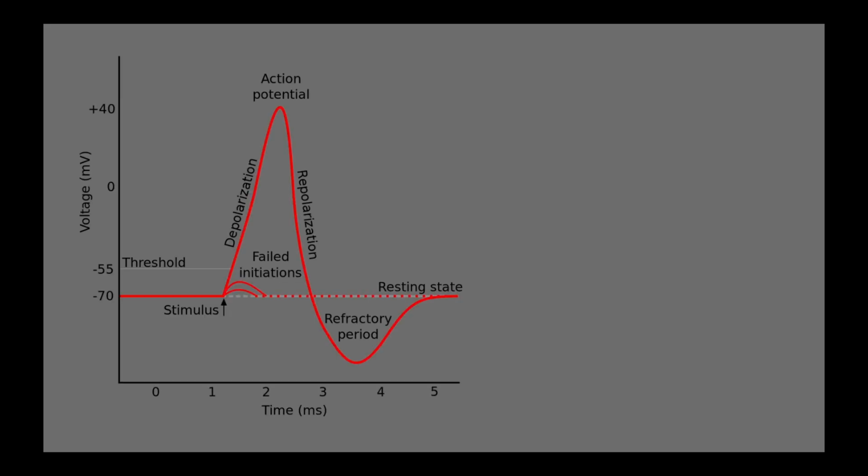So what is generated? If we talk about the level of a single neuron, you may have heard of the term action potential. When a single neuron fires, we get a potential generation like this.